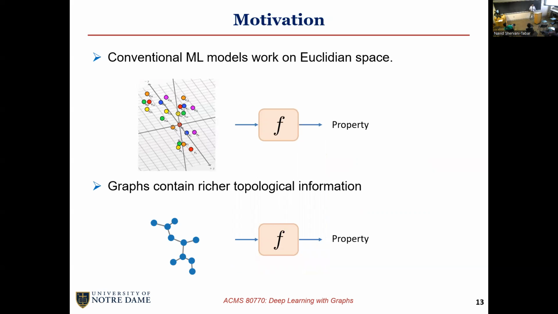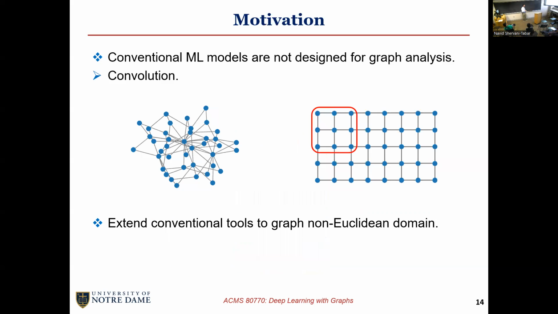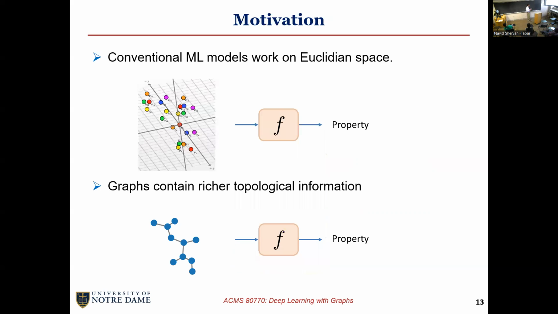So again, why graphs? Everything that you do with graph neural networks, or graph machine learning in general, you can also do with regular methods. For example, if you're studying a molecule, you can feed the 3D information of that molecule as the input signal to some machine learning algorithm, we call it F, and it turns it into what you want.